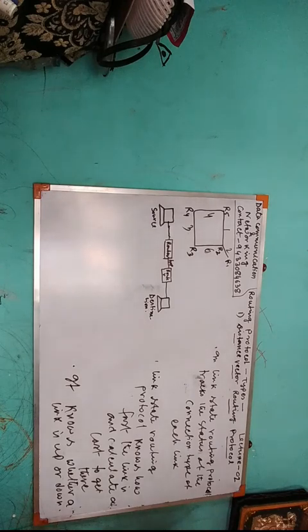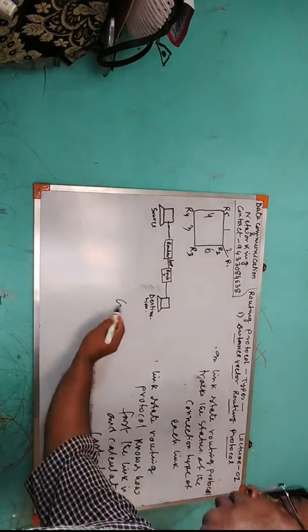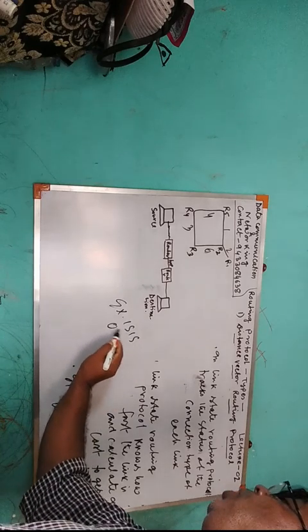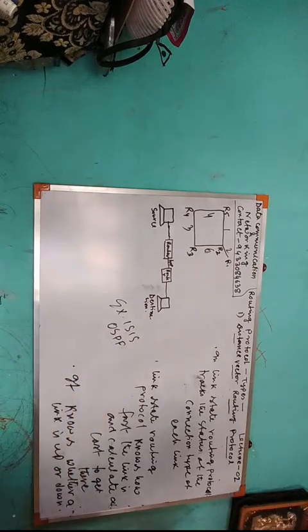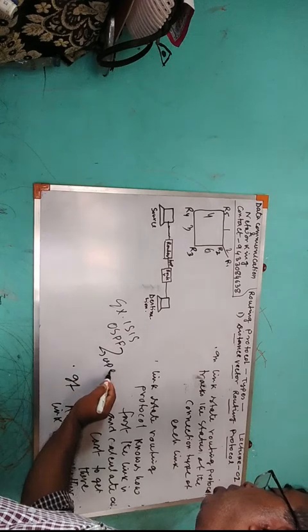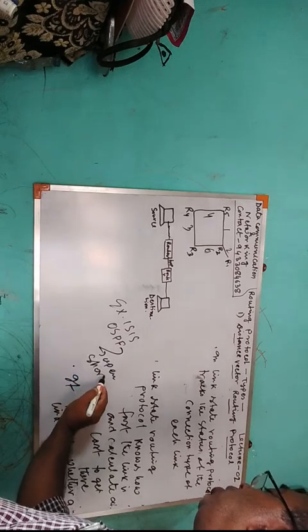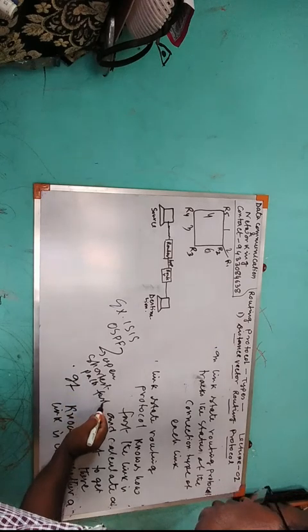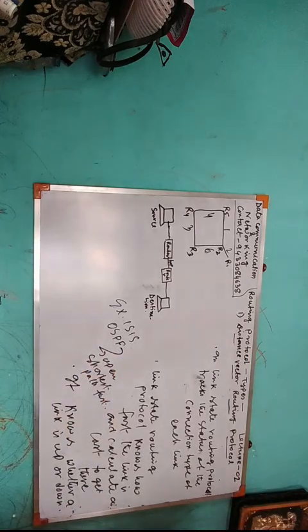The popular examples of link state routing protocol are OSPF and IS-IS. OSPF full form is Open Shortest Path First. This is one of the examples of link state routing protocol.